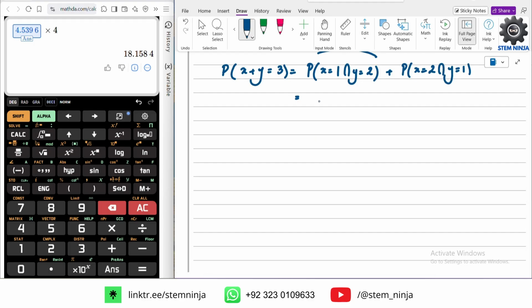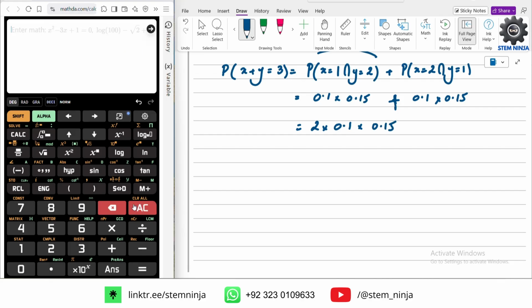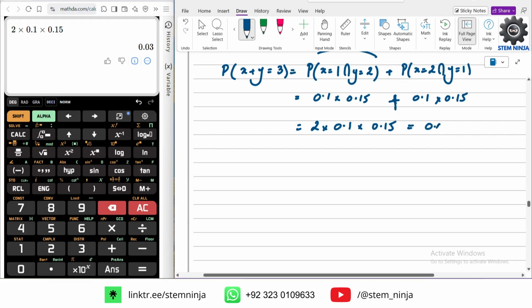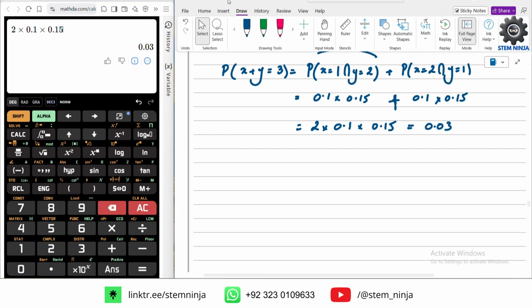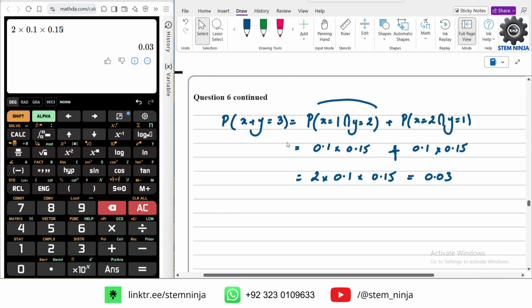So 0.1 times 0.15, plus 0.1 times 0.15. So basically 2 times 0.1 times 0.15. That is 0.03. Okay, so that's it for this question.